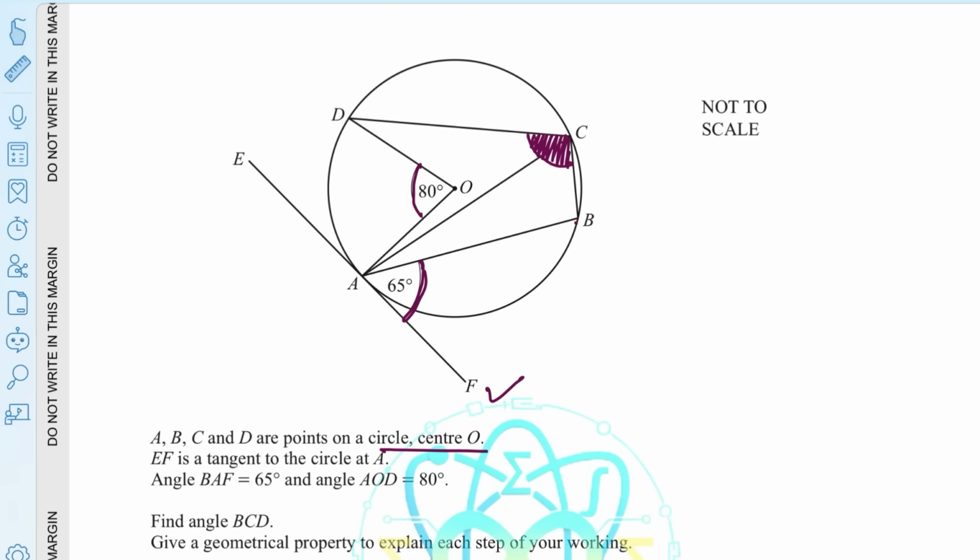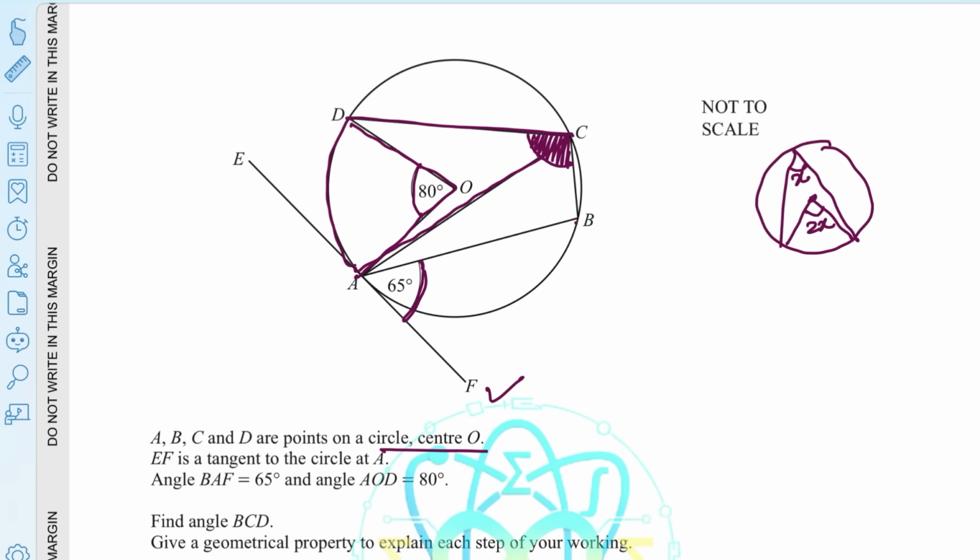First step, I hope you remember, I'm just trying to recollect your memories. Tell me, if the angle at the center is twice the angle at the circumference, what does it mean? If it is x degrees, this one will be 2x degrees. The same thing here: the angle at the center on the same arc is twice the angle at the circumference. If this angle is 80 degrees, this will be half of it, 40 degrees, right? You have to write it down properly.